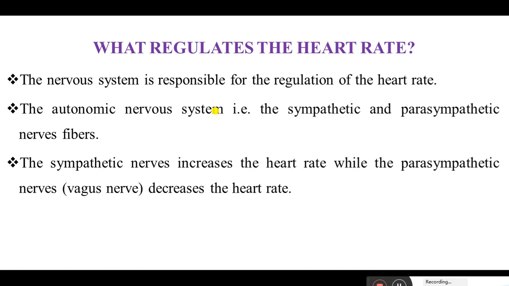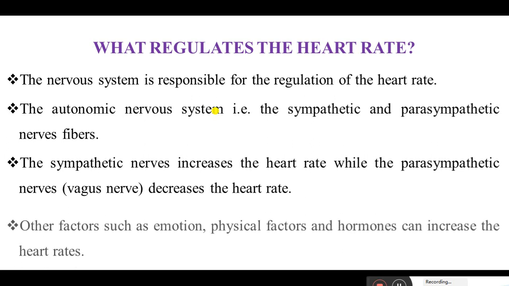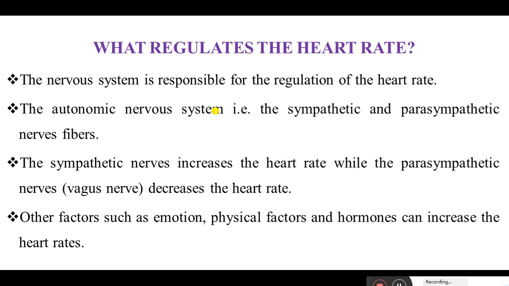That's the 10th cranial nerve in the body. Other factors such as emotion, physical factors, and hormones can increase the heart rate because they have direct effects on the nervous system.